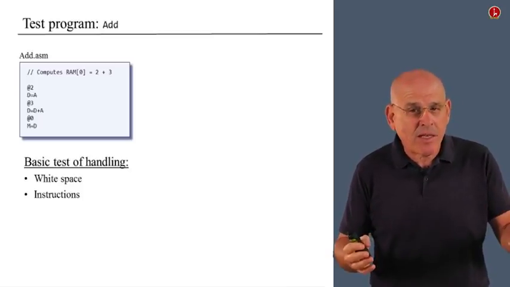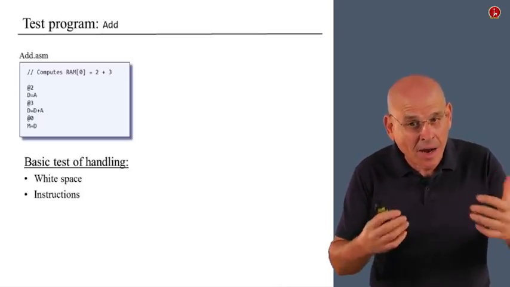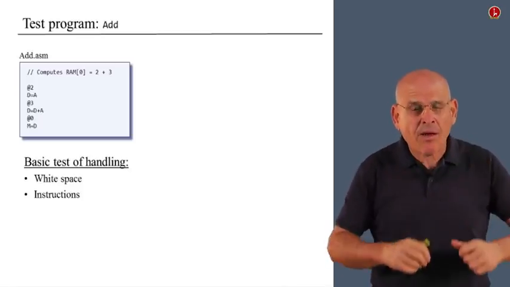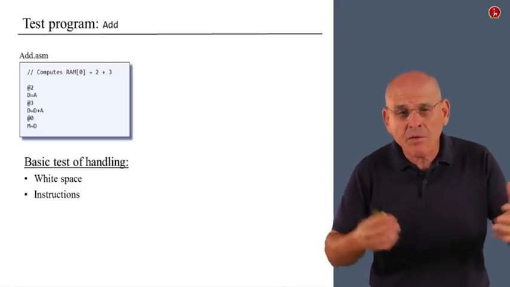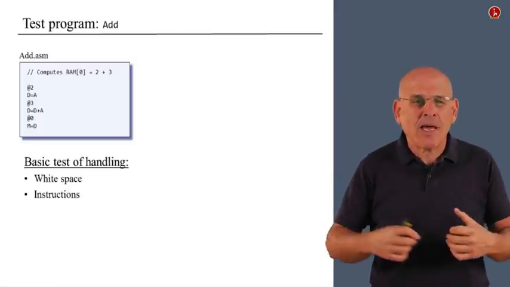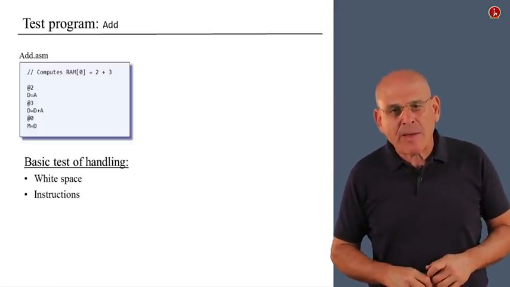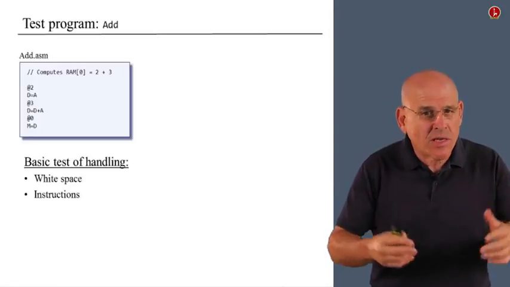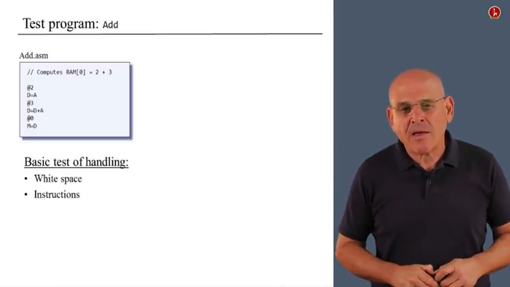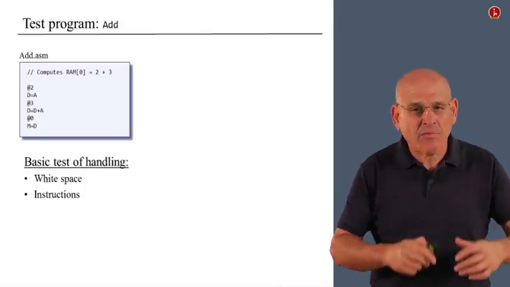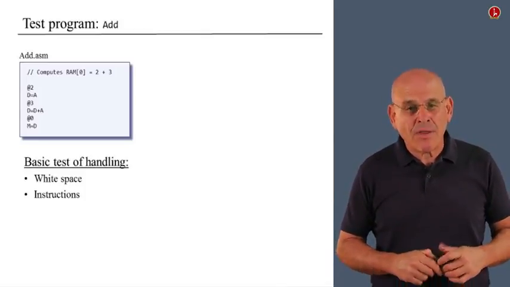It's just a very basic test, and you are welcome and encouraged to take this program add.asm and maybe make it more complicated, add more comments, add more white space, add more instructions if you want, and just make sure that your assembler can handle these kinds of simple programs without any problems.